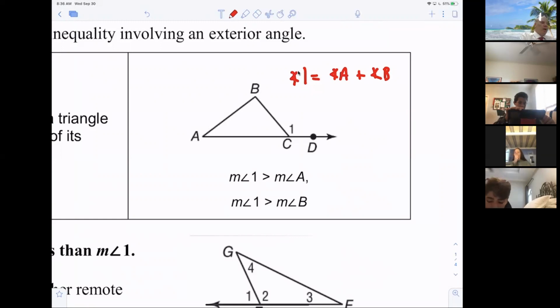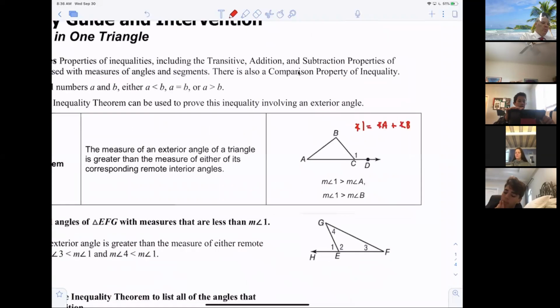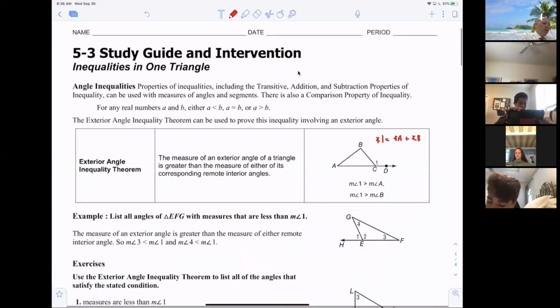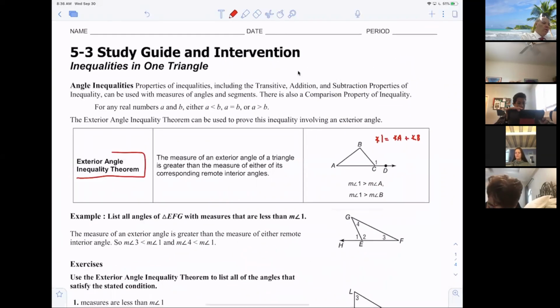Now watch how important this is. It's called the exterior angle inequality theorem. It's saying that the exterior angle is greater than the interior angles. Now, it's not saying all interior angles, it's saying the remote interior.